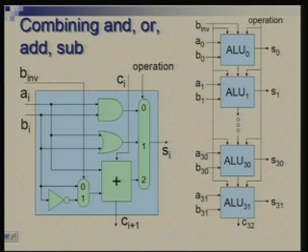Okay, what happens when the number which is coming out as a result here is not within the range of numbers which can be represented? So, when you are adding two very large numbers, the result may be beyond the limit, or you are adding two large negative numbers, still you may exceed the limit on the negative side, or you are subtracting a large negative number from a large positive number, or vice versa, subtract a large positive number from a large negative number.